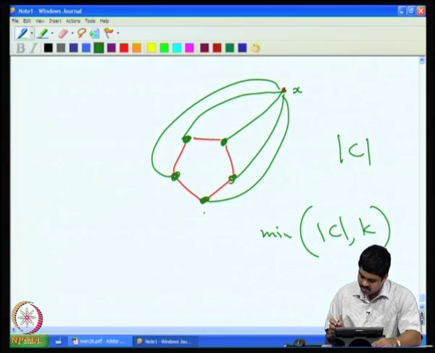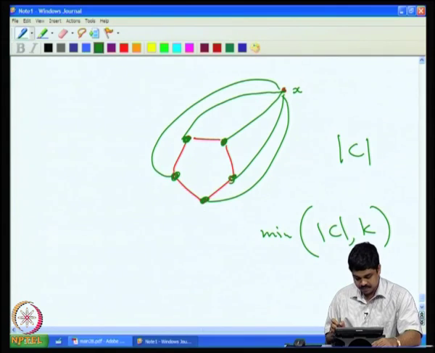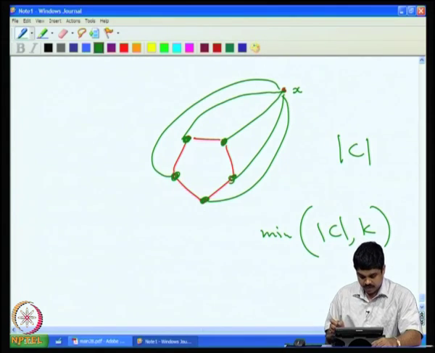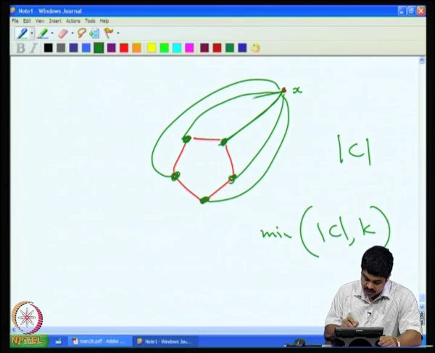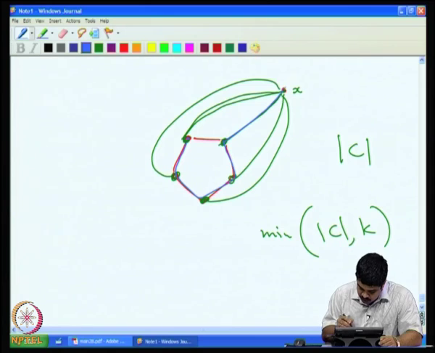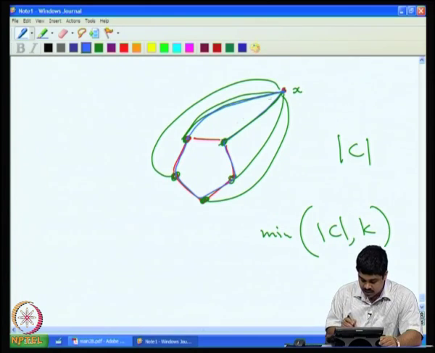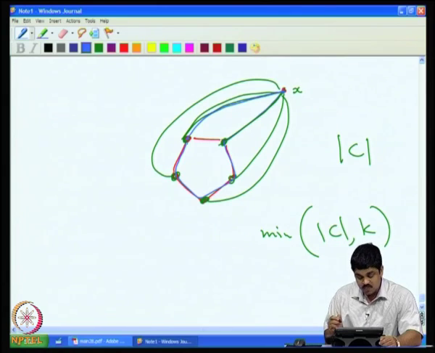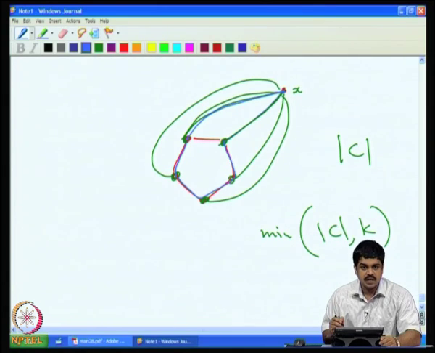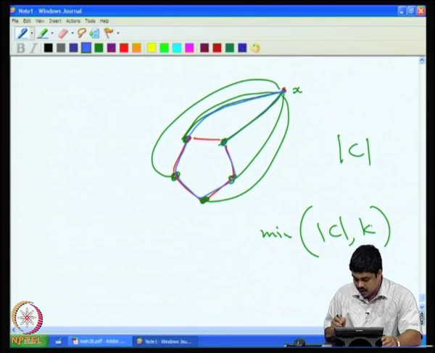But is it possible that C is smaller than k? No, because in that case there is a fan path ending at all vertices of the cycle. Then I will start from here, follow like this, come here and then go here, catch this x and come back. So, this is a longer cycle than the red cycle, which I assumed was the longest cycle available in the graph. So, it is not possible to have this picture.